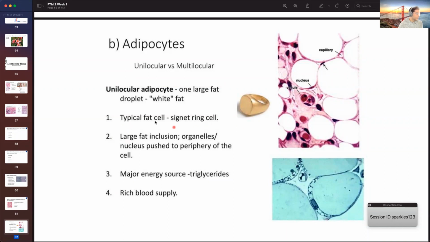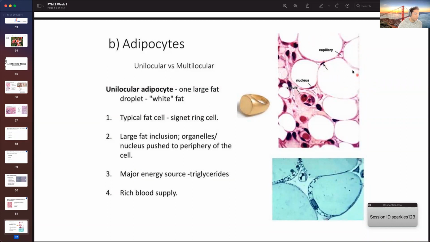Typical for white adipocytes is a large signet ring. This is very buzzwordy. A signet ring is one of those old school rings that they usually give for when you graduate high school or something. They have large fat inclusions, and organelles and other things are pushed to the periphery. If you see this washed out space, remember when they're preparing these slides, fat and proteoglycans and glycoproteins all get washed out.